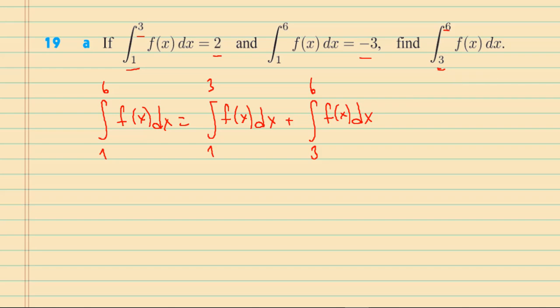So this one is a bigger area divided into two small areas. What's given between 1 and 6? It's given it's minus 3, and between 1 and 3 it's given 2, and we have to find this plus between 3 and 6. So based on this, the question mark will be minus 5. So this area equals minus 5.